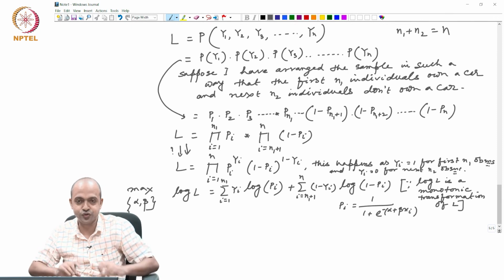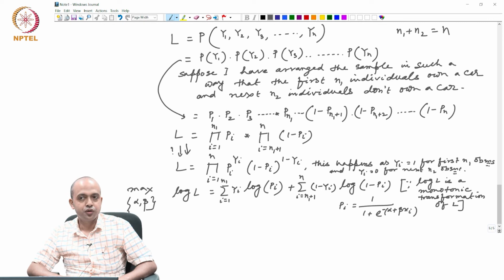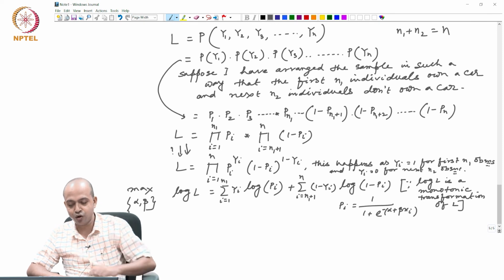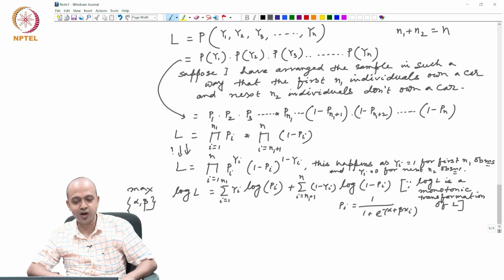This is the mechanism. This is the mechanism of maximum likelihood estimation for estimating the Logit model. Instead of minimizing the errors summation ui hat square, we are actually maximizing log L with respect to alpha and beta. Okay.